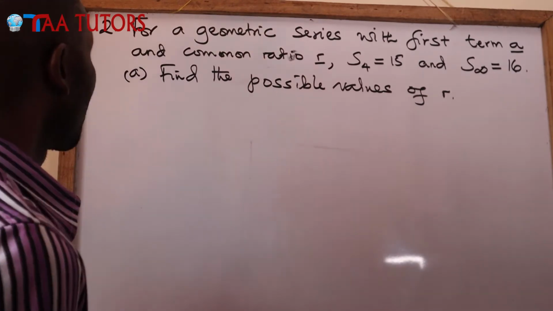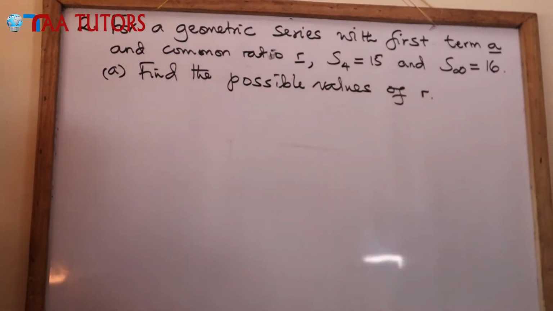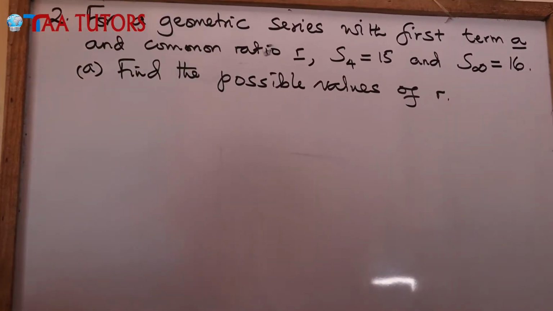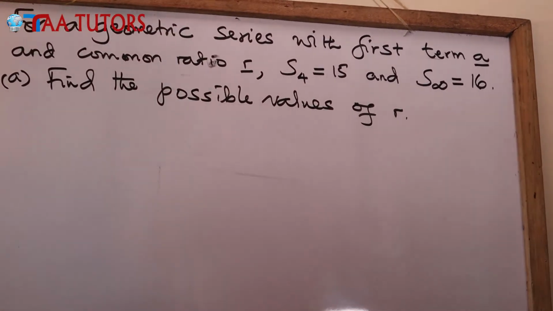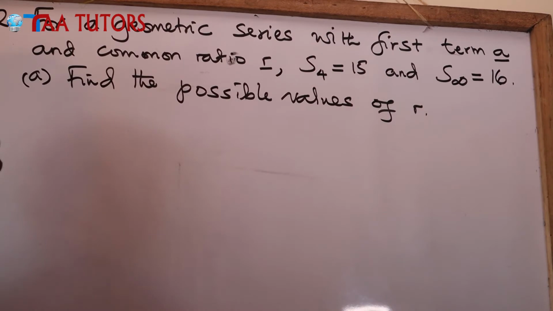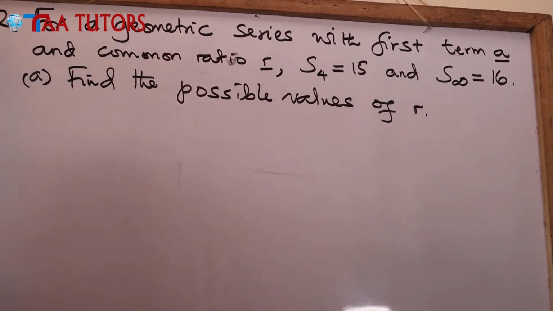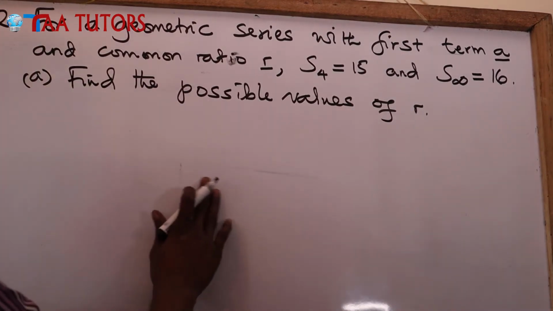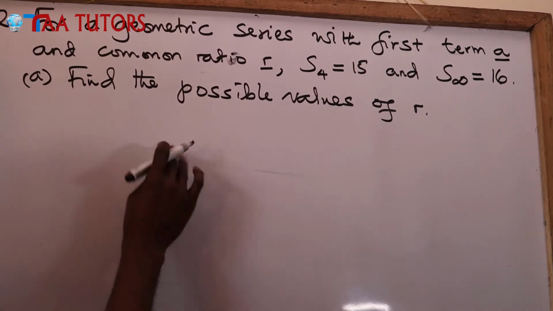So the second example here says that for a geometric series with first term a and common ratio r, the sum of the first 4 terms is 15, and the sum to infinity is 16. Find the possible values of r. So we are going to use the formula for the sum.